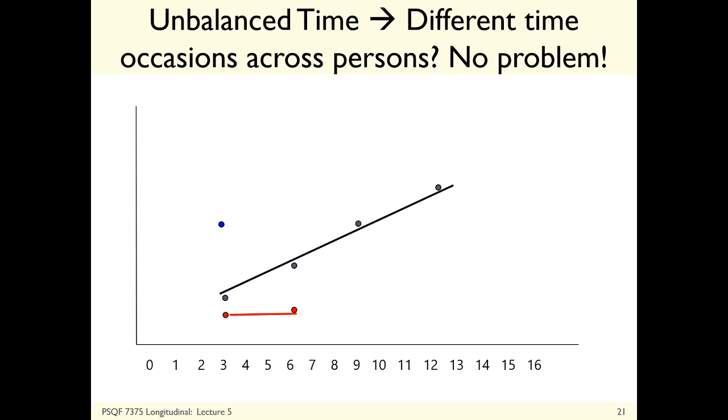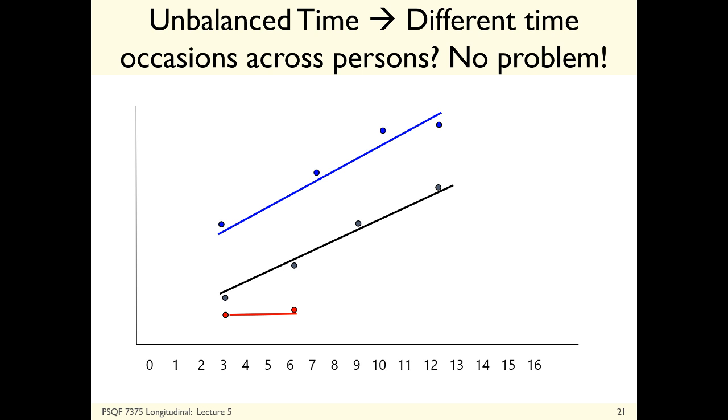In contrast, you might have a pattern where somebody comes in at 3 weeks, but then their baby was sick and they couldn't make it until week 7, and the same thing happened at week 11, and then they showed up when they were supposed to. So the best fit trajectory through their means, to the best of my PowerPoint ability here, would look like that. But what if I thought I had to stick to the time schedule that I had intended?